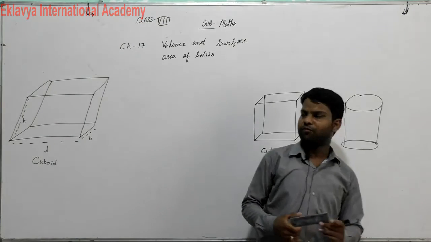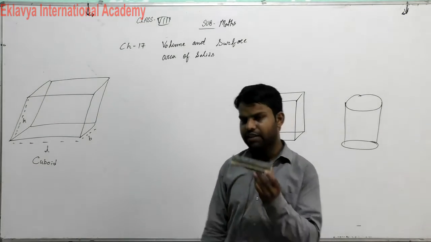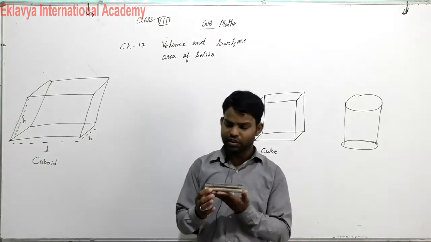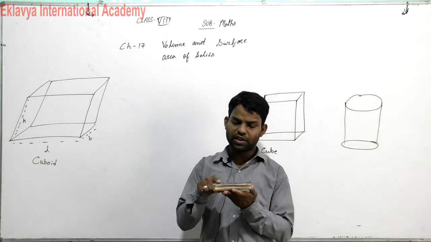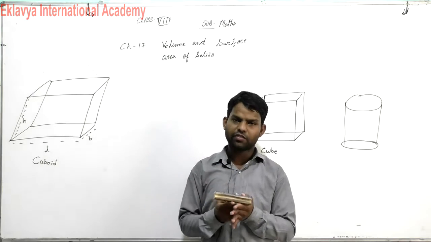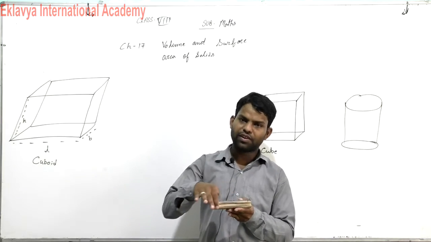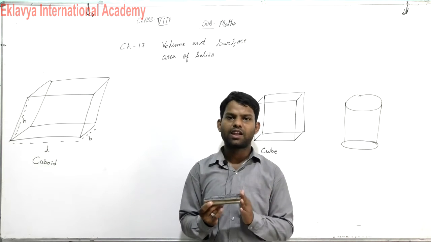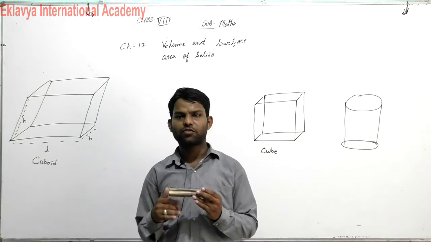See here, if we assume this is our cuboid, then it has 6 faces. One is top, second is bottom, then front face, back face, and right and left side. Total we have 6 faces.